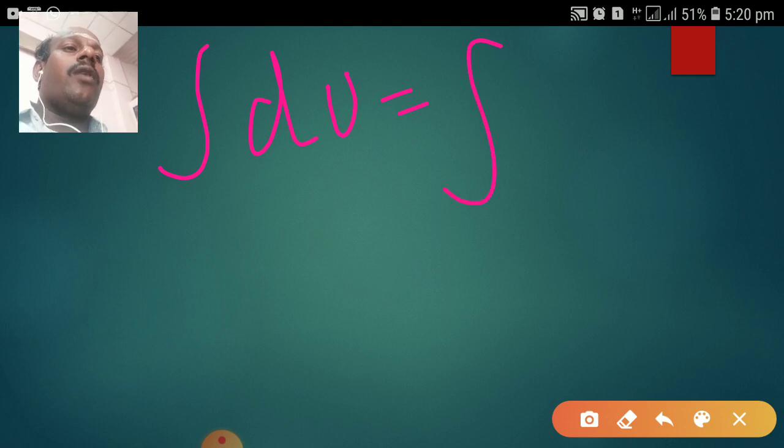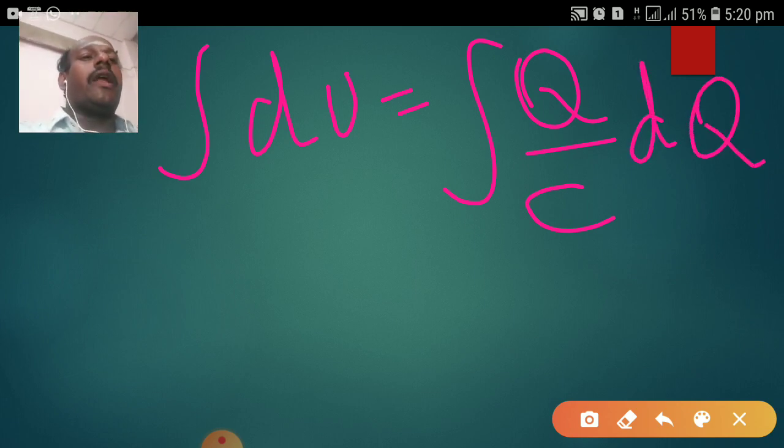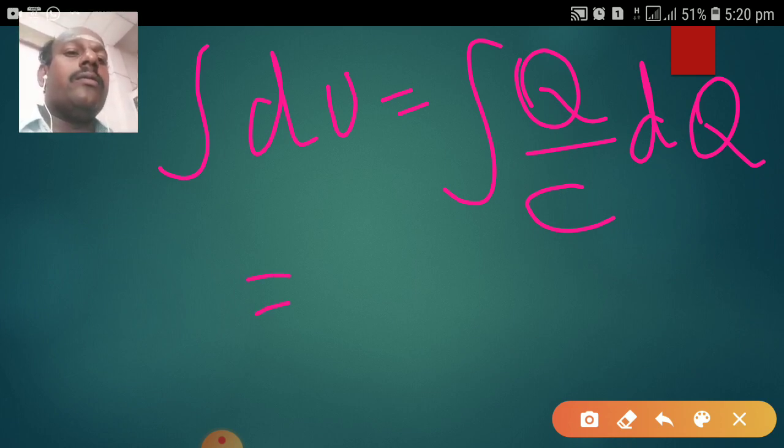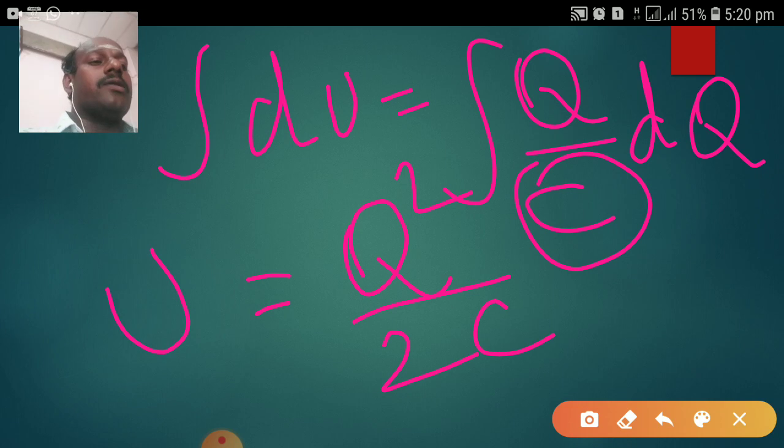So how will the equation become? Integration of dU will be equal to integration of Q by C into dq. When I integrate q into dq, I will get q squared by 2, and we already have C, so it is q squared by 2C. This is the energy stored in the capacitor.